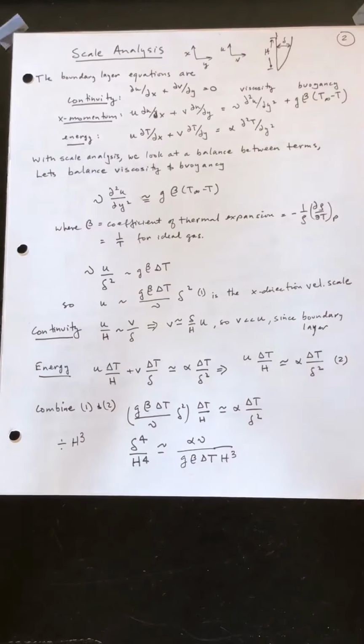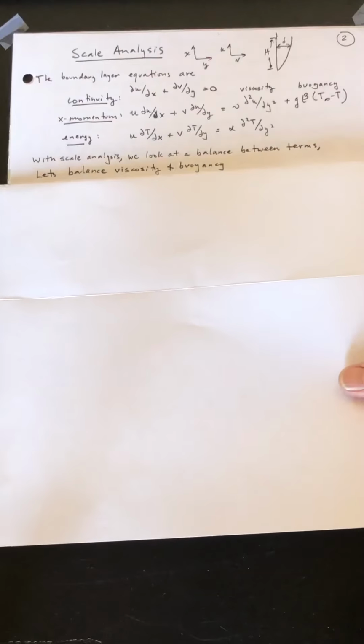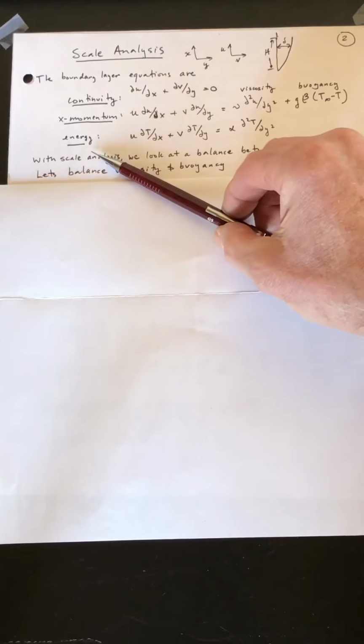So let's cover up some of this alphabet soup here initially. What are the equations? Continuity, momentum, and energy. We have x going up, y into the boundary layer, u going up, v velocity into the boundary layer here. And our length scales will be the height along the plate and the thickness of the boundary layer.